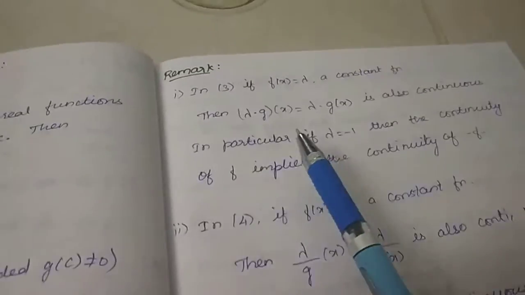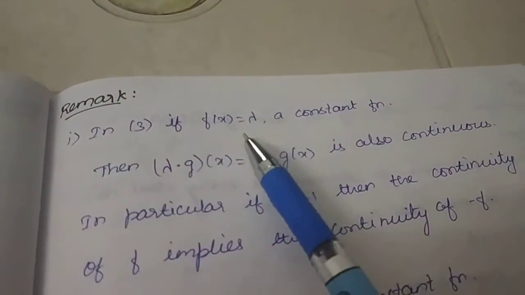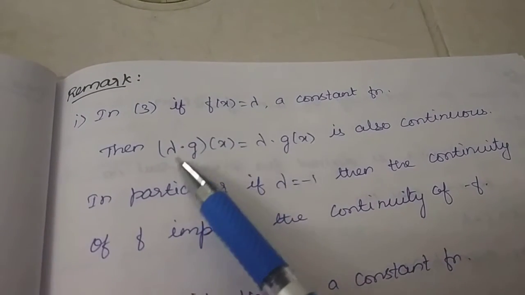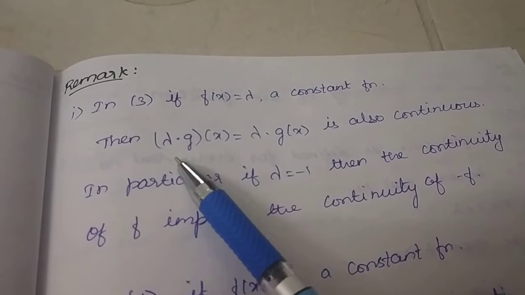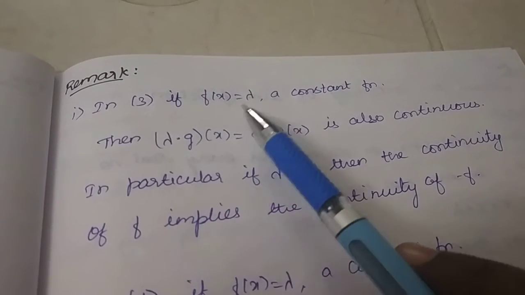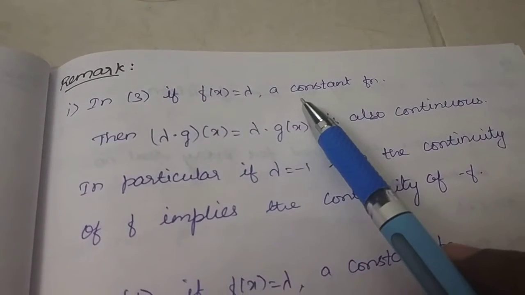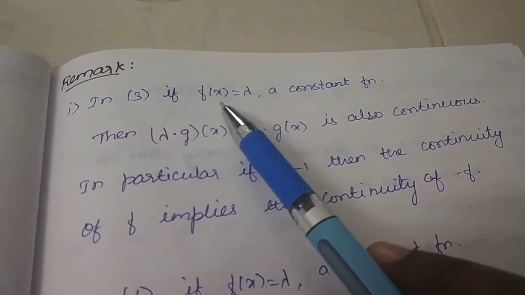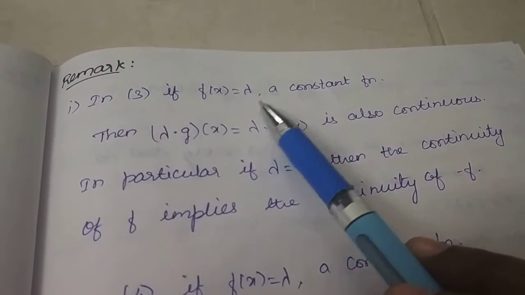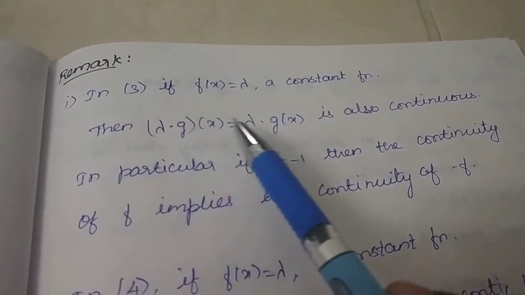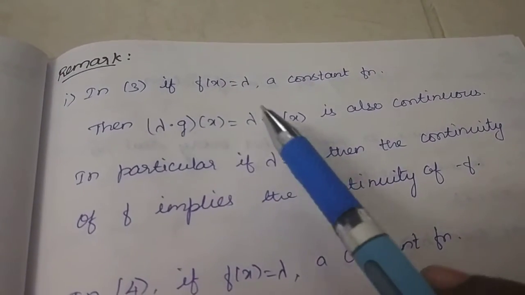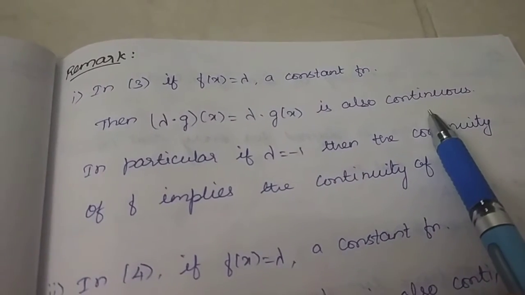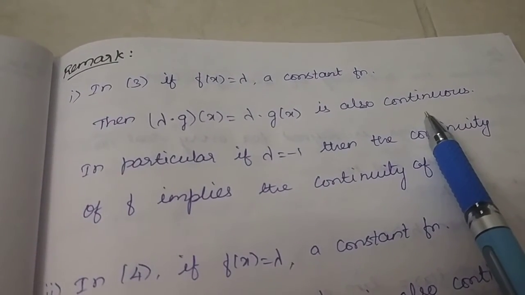Then here we have a remark. In the place of composition of two functions, suppose one function is a constant function, for example we are considering f of x as lambda, which is a constant function, then we will get the result that lambda composite g of x equal to lambda into g of x is also continuous.